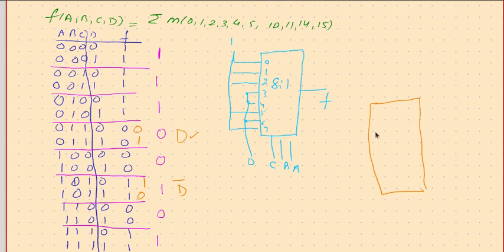For this new problem, for 3 we connect D, and for 5 we connect D bar, and for 0, 1, 2 we connect 1, and for 4 we connect a 0, for 6 a 0, for 7 a 1.